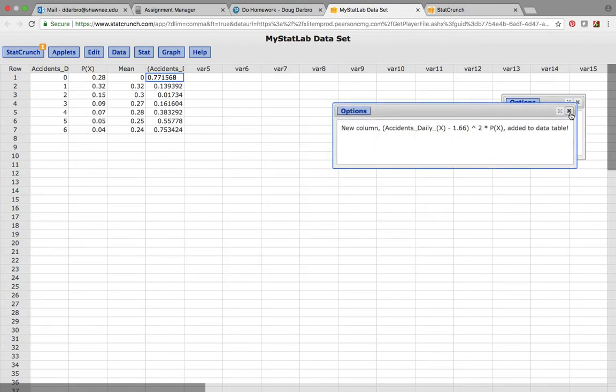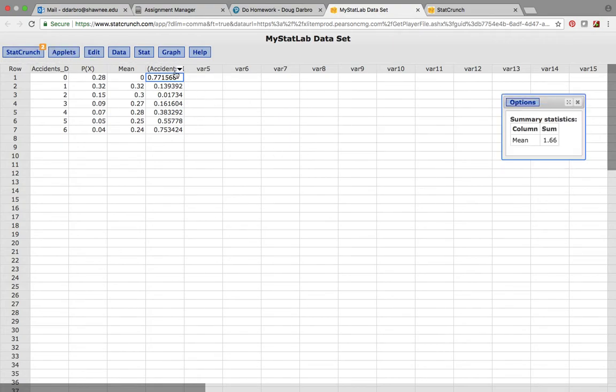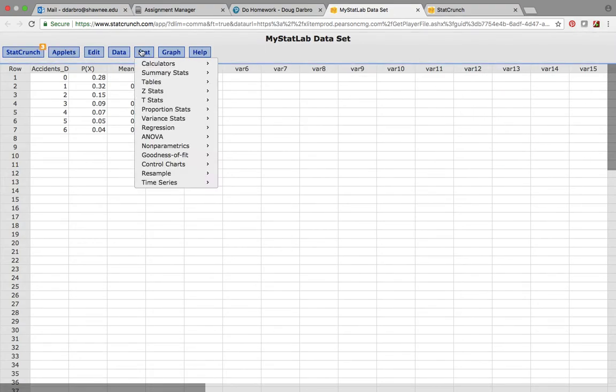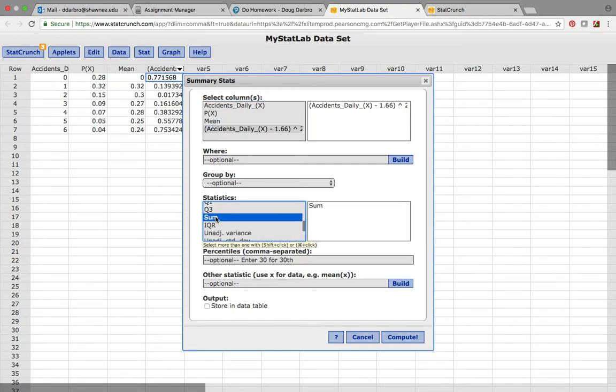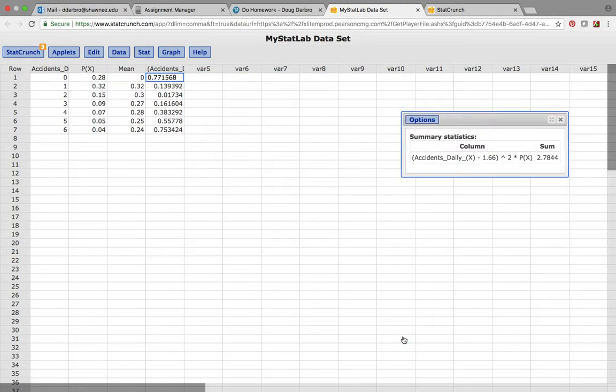Okay, so now I've got my values. What I need to do now is take the square root of the sum. So I'm going to go ahead and get the sum first. So the sum is 2.7844.